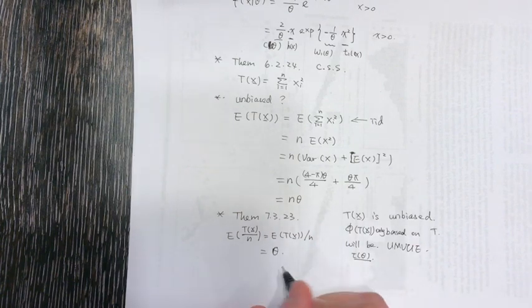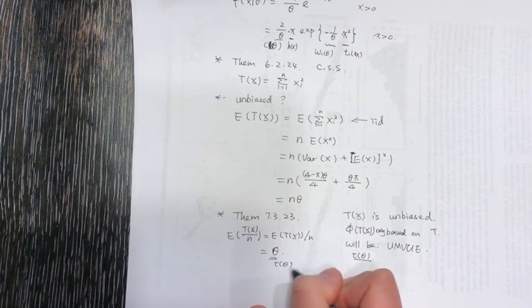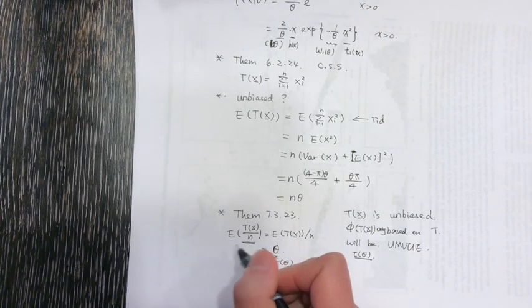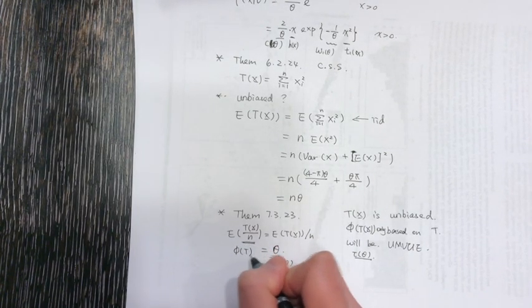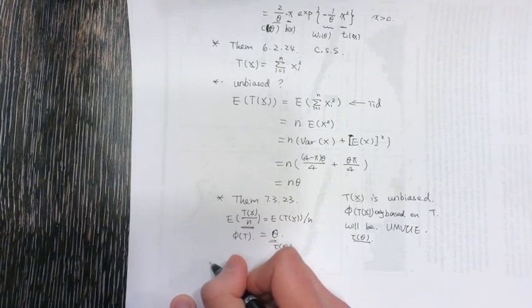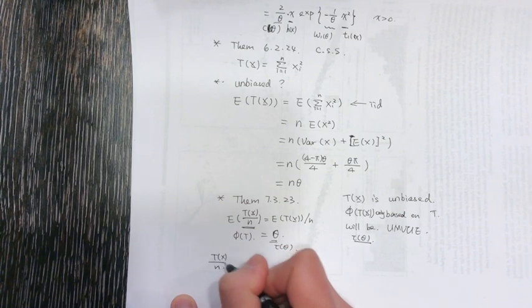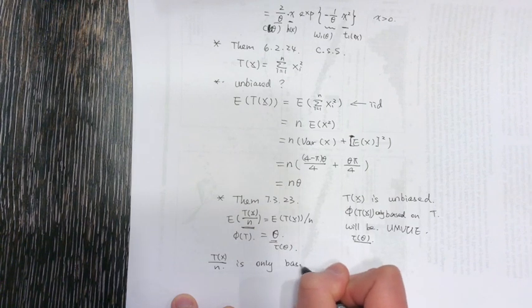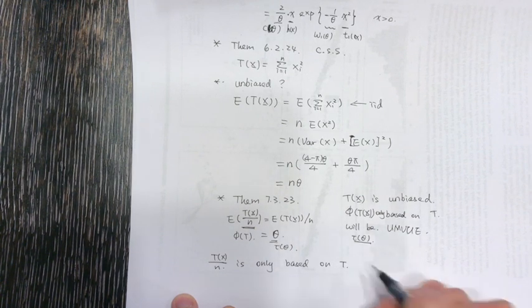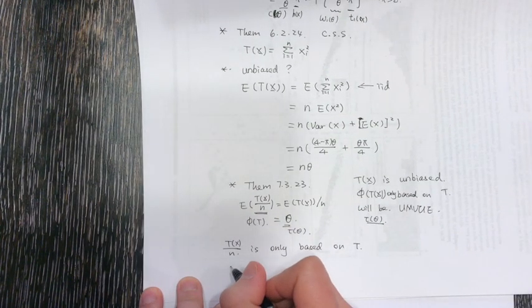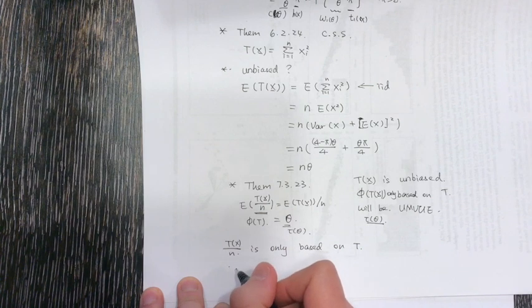So according to this, we know this is a new theta function, and this is our new function of T, because the T function is only based on T, and also it's unbiased.